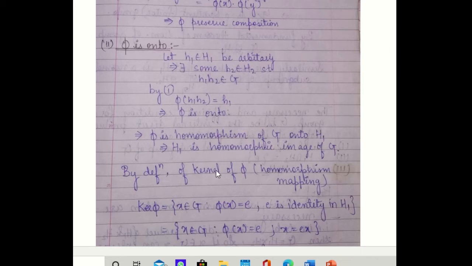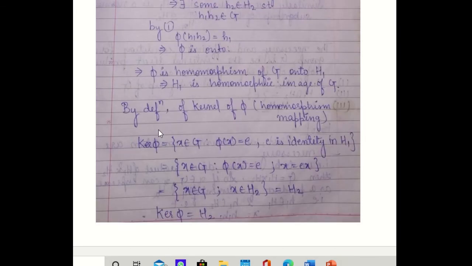Now, by definition of kernel of homomorphism, the kernel is the set of all those elements of the domain of a homomorphism mapping which are mapped onto the identity element of the range. So first of all, we are going to define the kernel of this mapping phi.